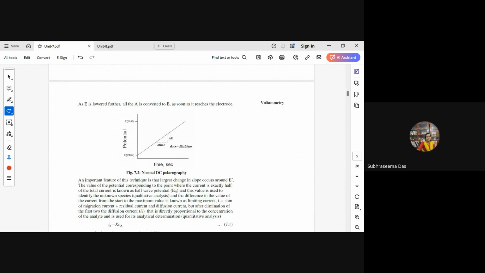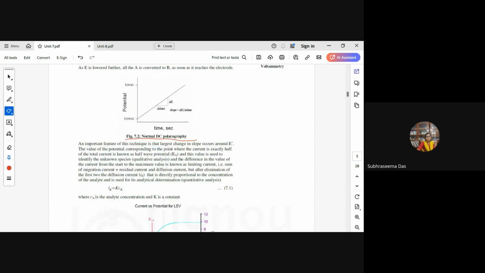So here in figure 7.2, a normal DC polarography graph has been plotted. As we can see, on the y-axis, the potential is taken, and on the x-axis, the time is represented. This potential versus time graph measures how the current changes with respect to time.